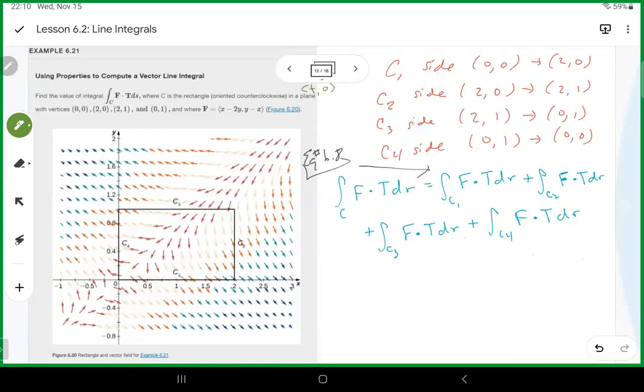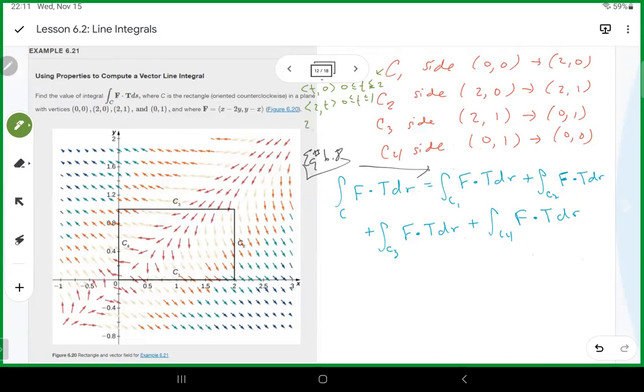T to 0 is going to be 0, t to 2. That's for C1. It's going to be 2, t. It's going to be 0, t, 1.